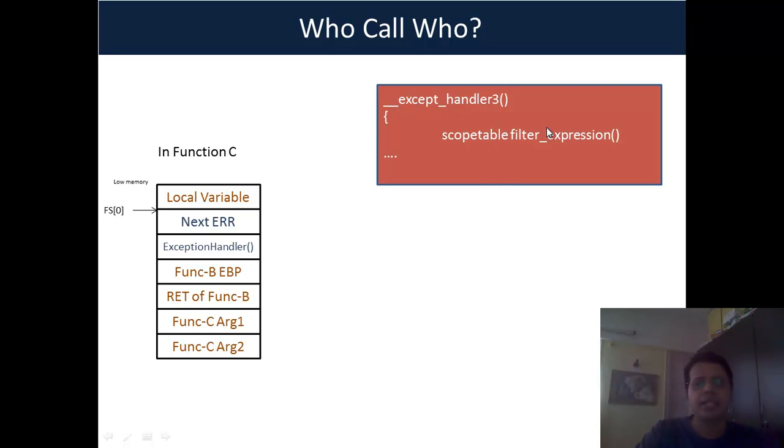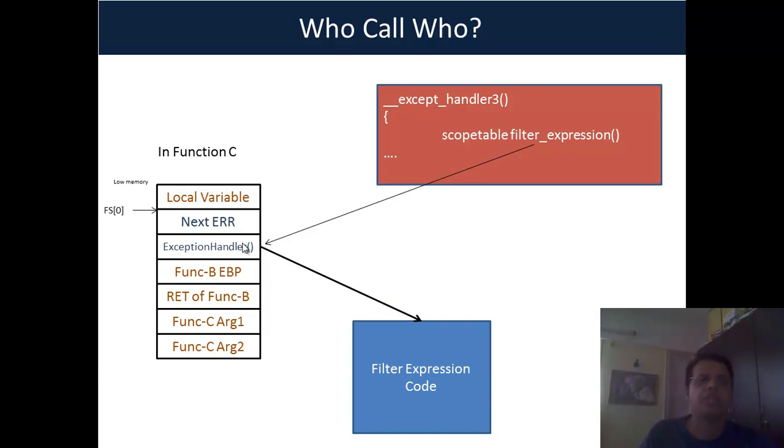Inside that, it would look at the scope table and take every single exception registration record and check whether the filter expression is telling it that it can handle the exception. So basically, as we mentioned, the filter expression contains the pointer stored here, and this in turn points to the filter expression code which the developer may have mentioned.